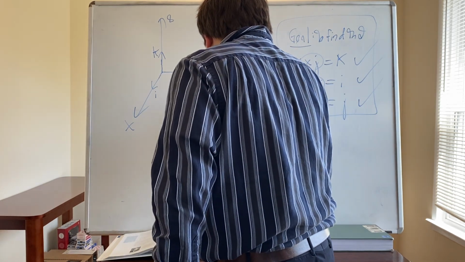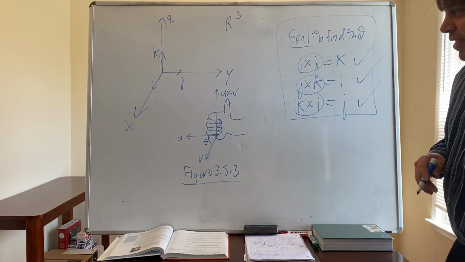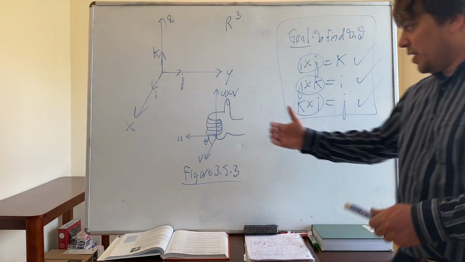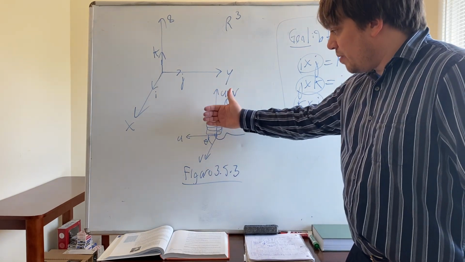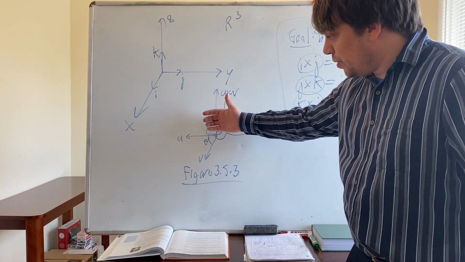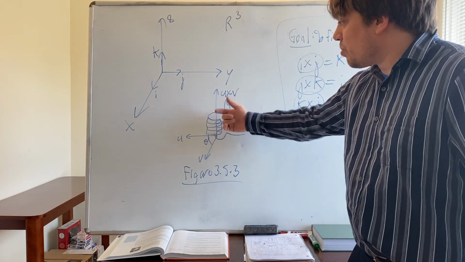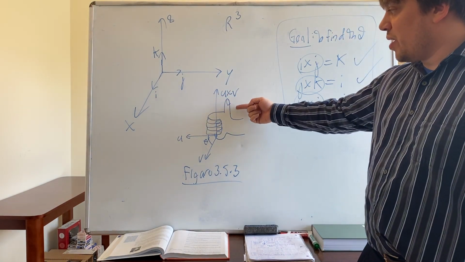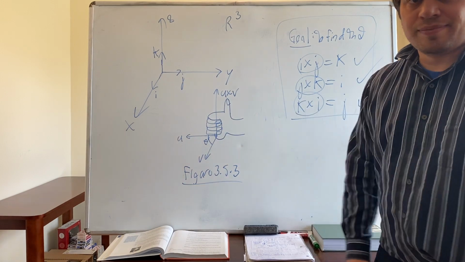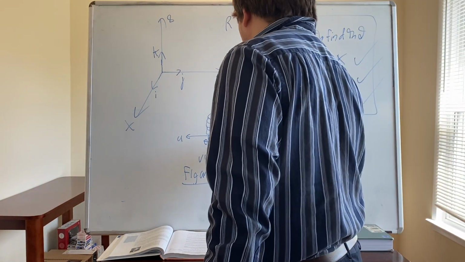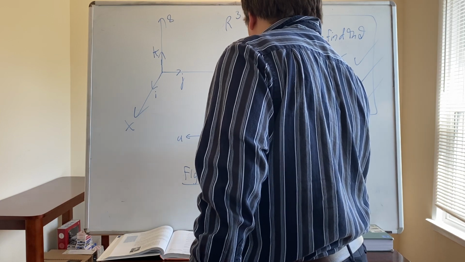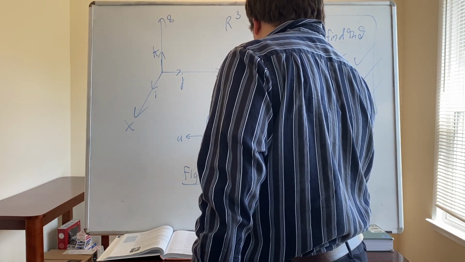There's another fingernail. Okay, that's not bad. Okay, so then you curl your hand there, and you're seeing that my 4 fingers are curling from u to v, and my thumb is pointed up. So my thumb is the direction of u cross v. Okay. And so that is illustrating the right hand rule, figure 3.5.3.